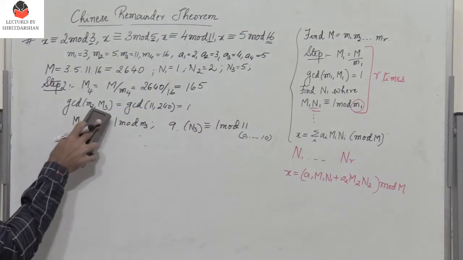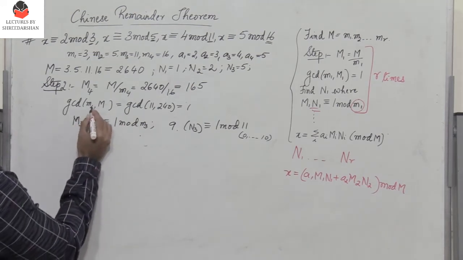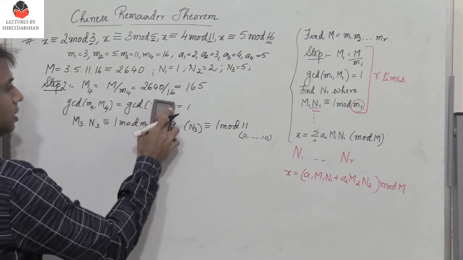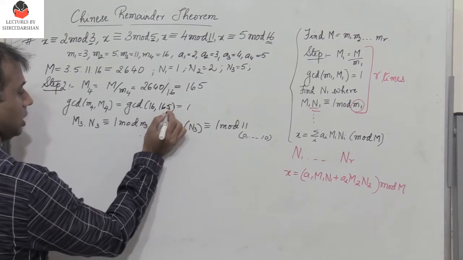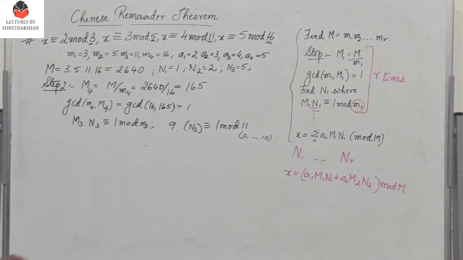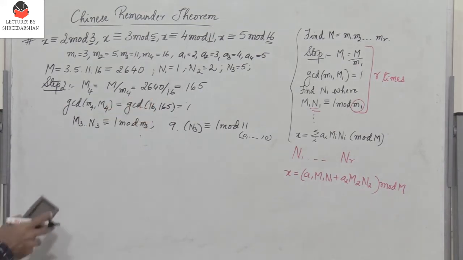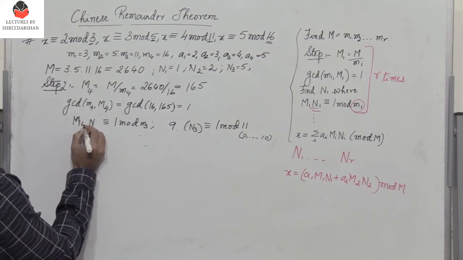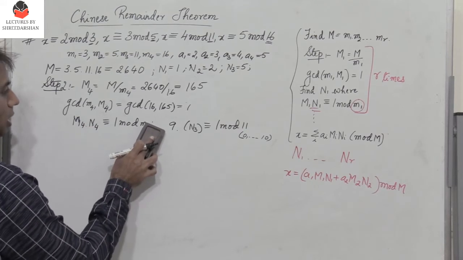So again we check whether the GCD of m4 and 16, that is GCD of 16 comma 165, is 1. It is 1, you can check. So I will not proceed with finding out whether the GCD is 1. And then we need to find n4, where m4 into n4 will give me 1 in mod 16.